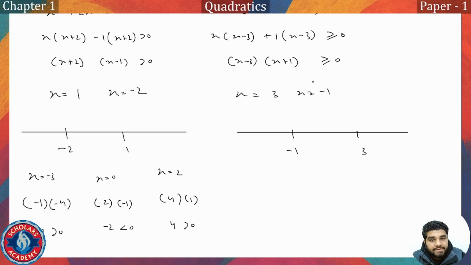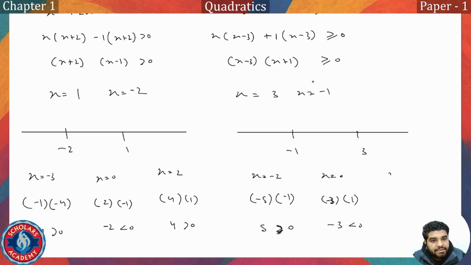So if I check the first interval, x = −2. What I get is −5 times −1, that is 5, which is greater than or equal to 0, so yes. If I check 0, it's −3 times 1, which is −3, less than 0, so I'll not take this.